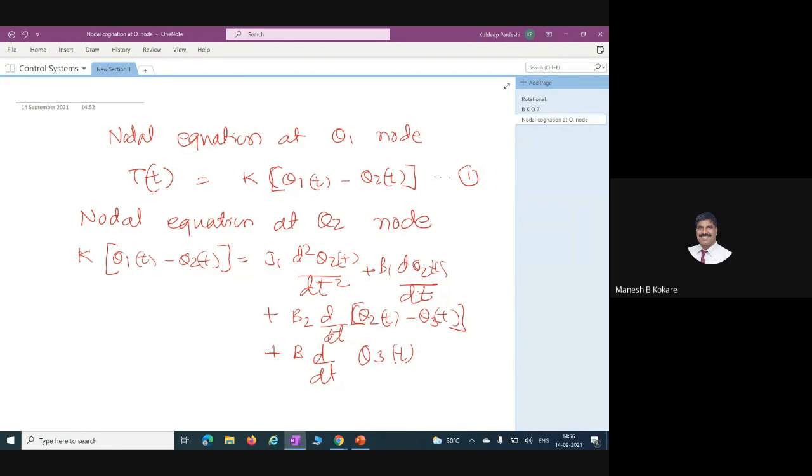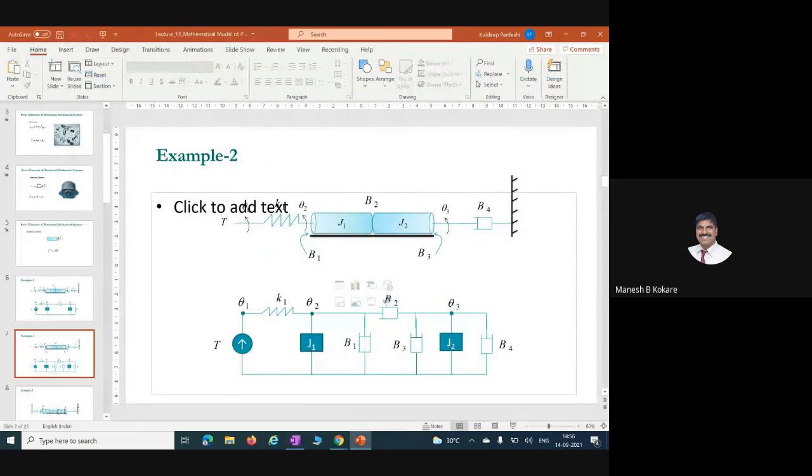Similarly, what is the nodal equation at theta 3? The total incoming torque must be equal to the total outgoing torque. Total outgoing torque is here, that is J2 and then B3, or you can consider it here also. But instead of considering it here, I'll consider this because it is directly connected to this one.